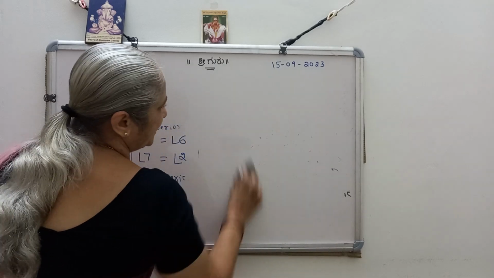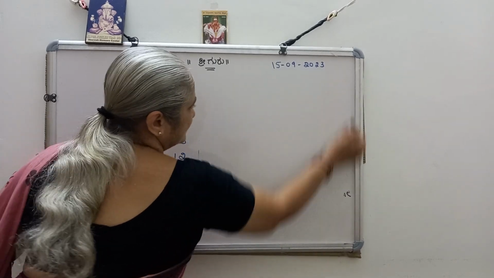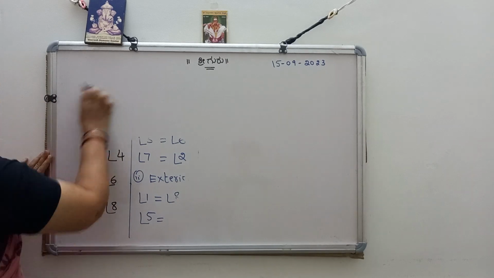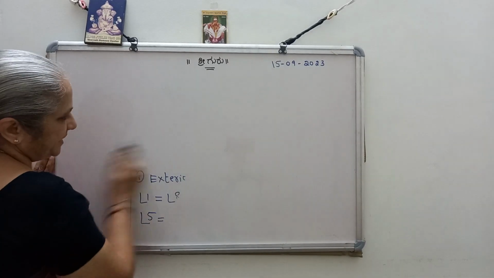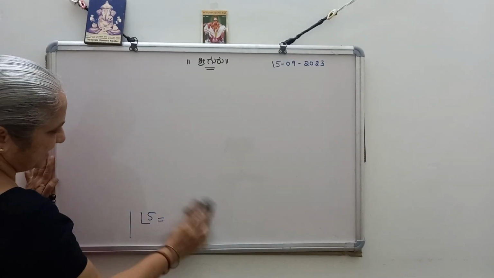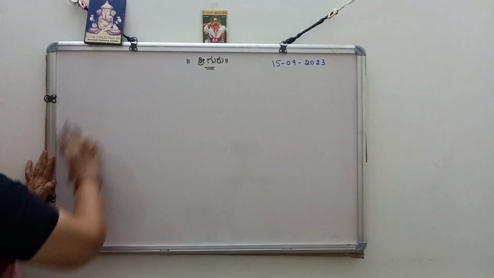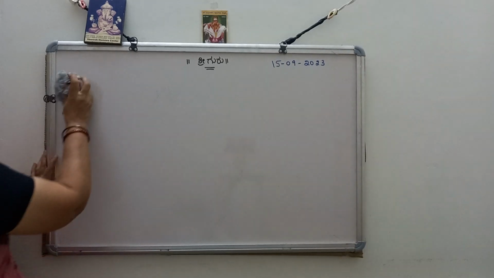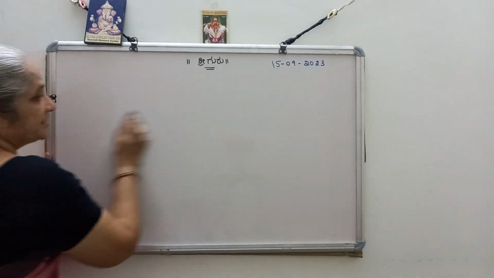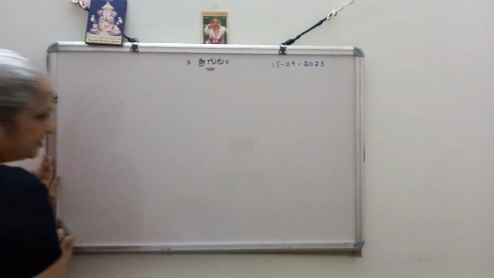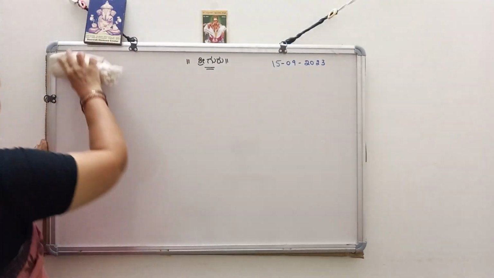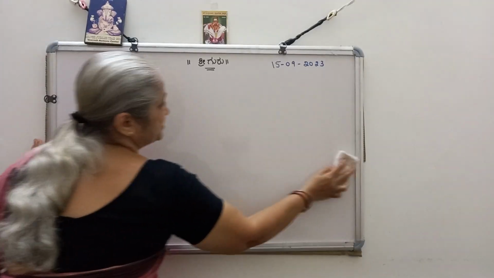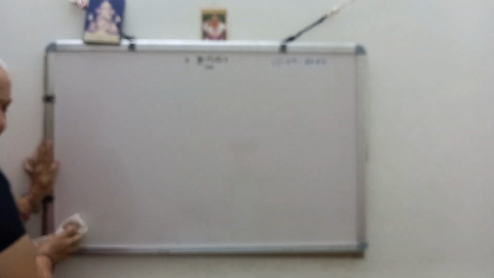You should be able to recognize what are corresponding angles, what are alternate angles, what is a transversal, what is called the interior region of the parallel lines, what is called the exterior region of the parallel lines, and what is on the same side of the transversal. When you know and are familiar with these words, it will be very easy for you children to solve any type of sum.